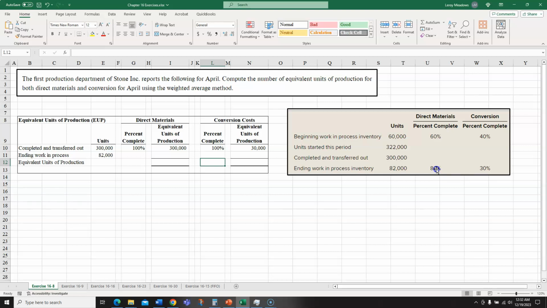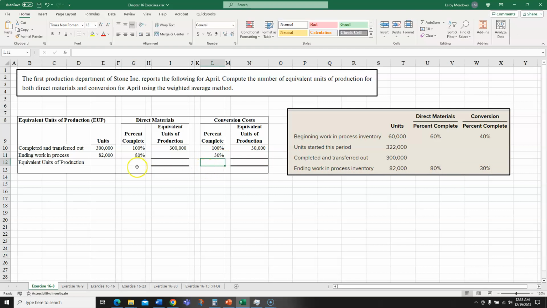So normally we would expect to see this at 100%, especially being in the first department. But there are times where we could have multiple drops of materials, or the multiple introduction of materials. So we'll just go with 80% here. And that's fine. That won't change anything much. We'll still do the calculation the same way. And then for conversion costs, we are 30% complete.